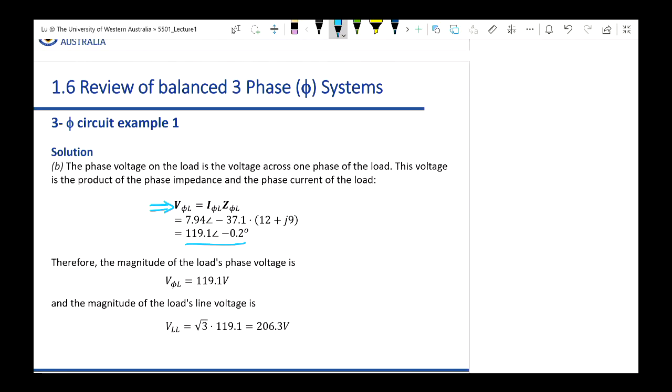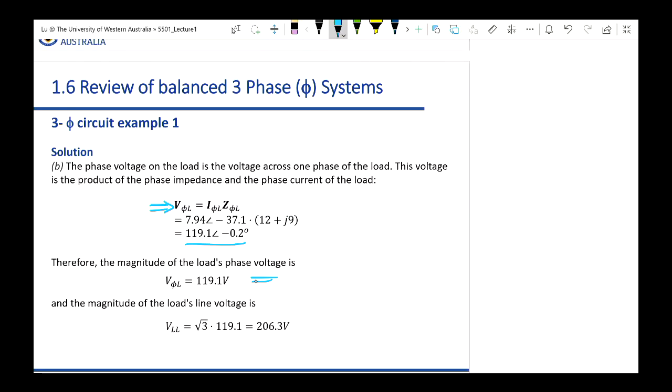And what is the magnitude of the line voltage? Okay, again, use that knowledge we learned from the review. So for a Y-connected balanced system, its line-to-line voltage magnitude is longer. How long is it? Square root 3 times stronger than the magnitude of the corresponding phase voltage.